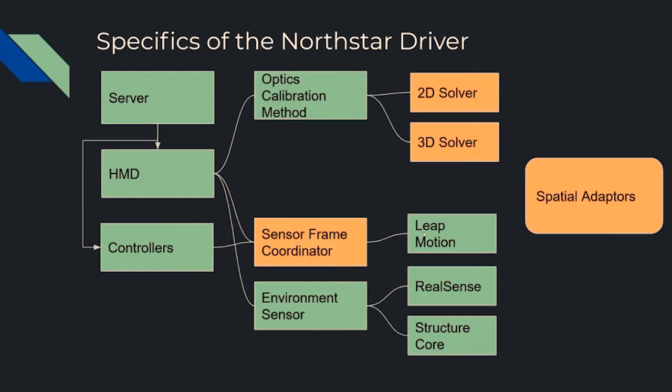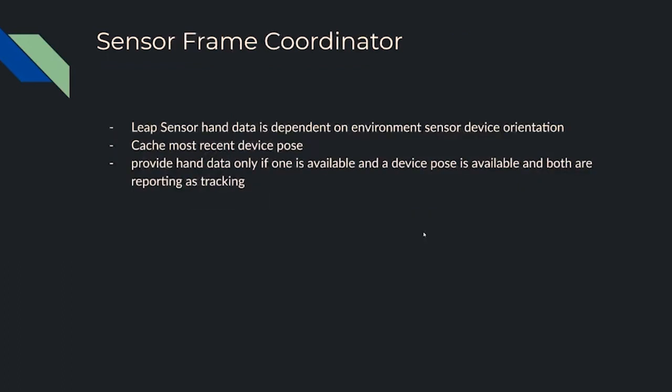I'm going to dive a little bit more into the sensor frame coordinator, the two different solves, and then these spatial adapters and their trade-offs. Starting with the frame coordinator. The role of this object is to take away some of the interdependencies of frames from sensors.